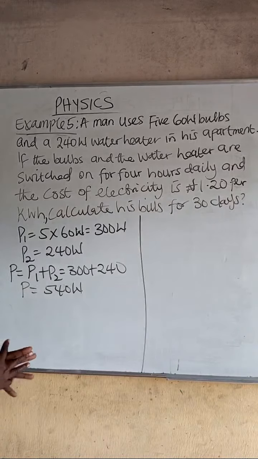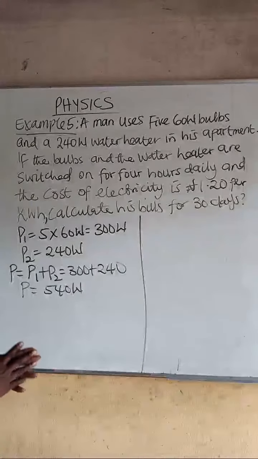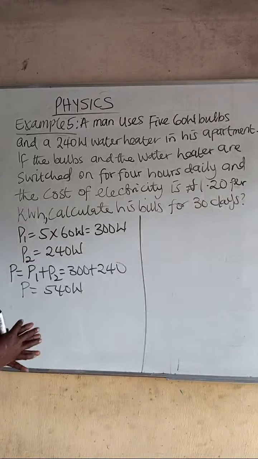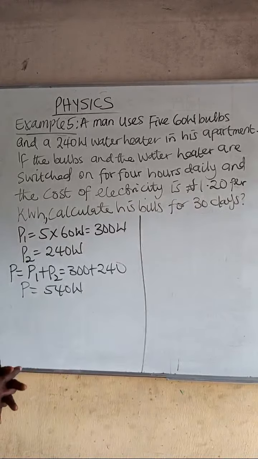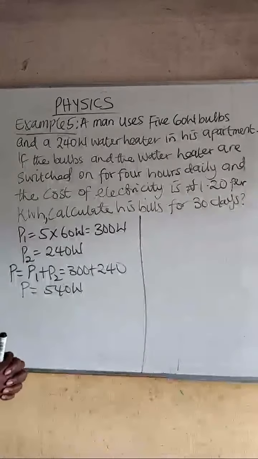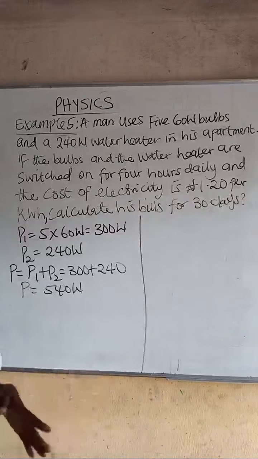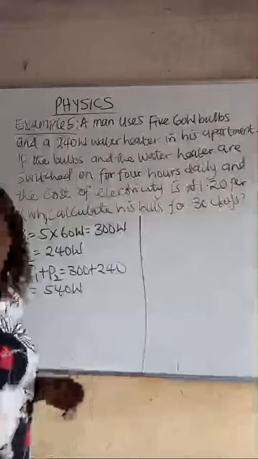Okay. Then this man is using these appliances for 4 hours daily. And in every how many days? In 30 days. Well, how do we solve this problem? What you're going to do, you're going to convert these days to hours. I told you that 24 hours is equal to 1 day.